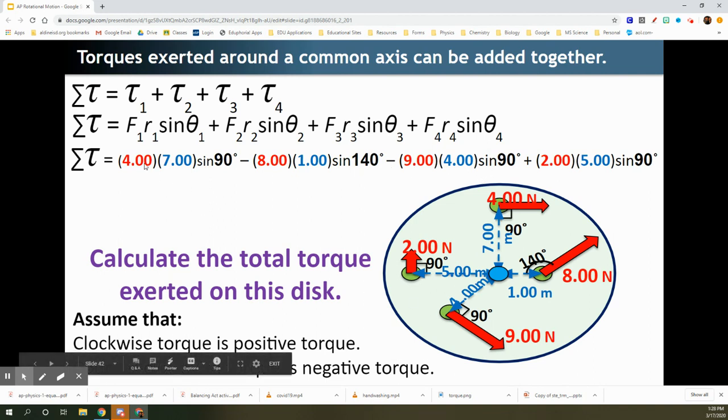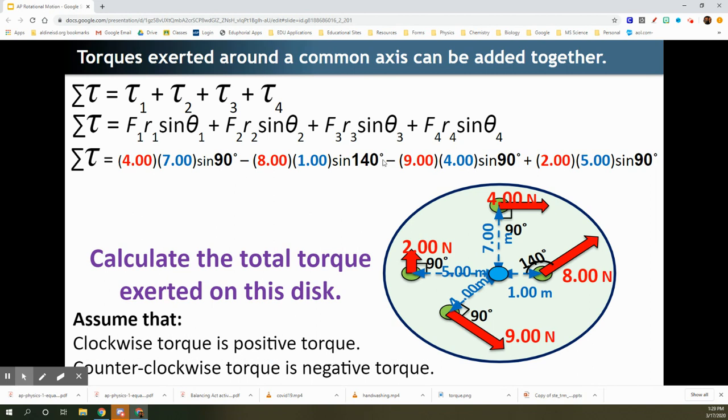But what I want to point out to you is if we look at torque 1, the force of 4 newtons, radius of 7, and sine of 90, and we look at the direction that it's going, that's moving clockwise, right? That force is in a clockwise direction. So we know that clockwise should be positive. So that's why it's listed as a positive.